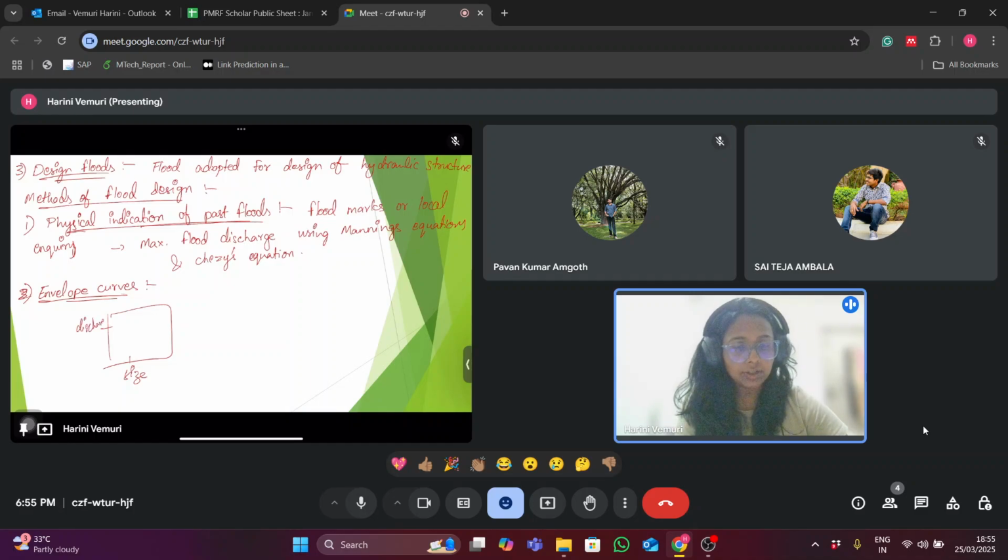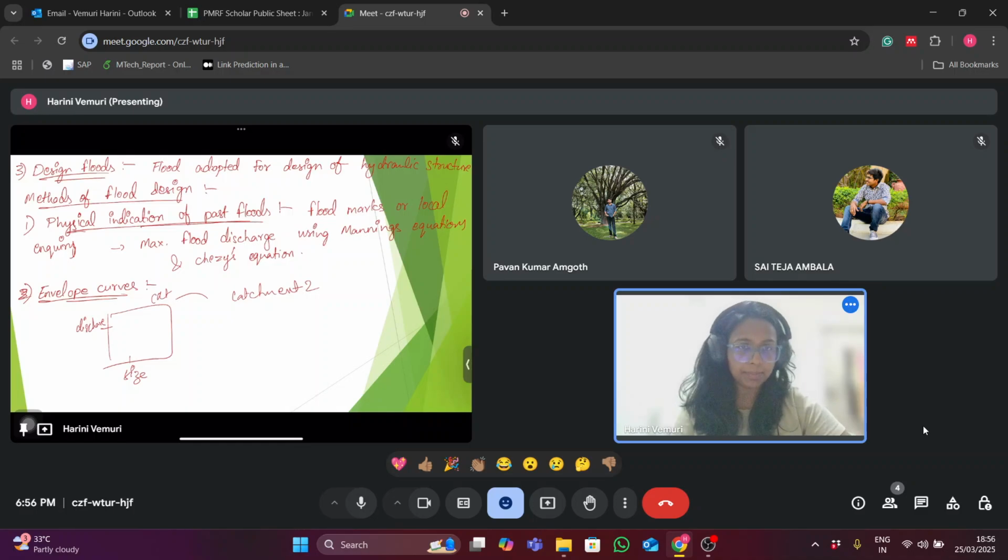This kind of information can be prepared for catchments, and for catchments that have comparable climate and topographical characters. If catchment 1 and catchment 2 have similar climate and topographical conditions, then the envelope curves that we have designed for catchment 1 can be used for catchment 2 as well.